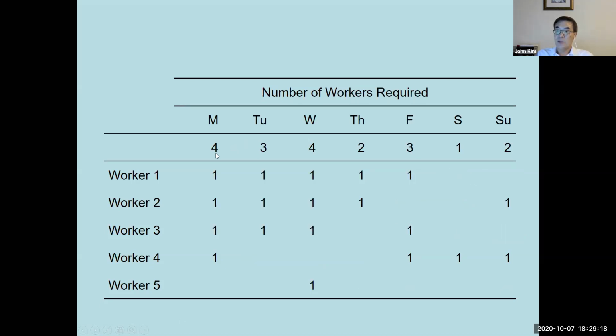And then count. On Monday, 4 workers are required: 1, 2, 3, 4. 3 workers required: 1, 2, 3, and 1, 2, 3, 4, 1, 2, 1, 2, 3, and 1, 2, and so on. So this one is a personnel scheduling method.